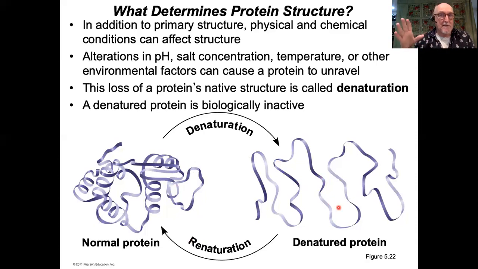Now, in certain environments, we can actually restore the protein. We can renature it. But very often denaturation is very dangerous because the proteins do not restore. They cannot restore their function.